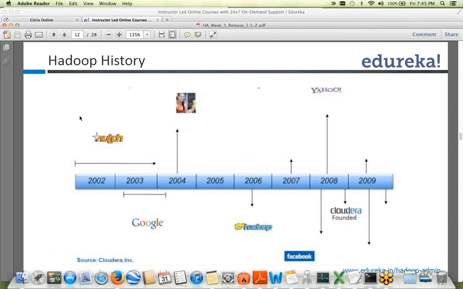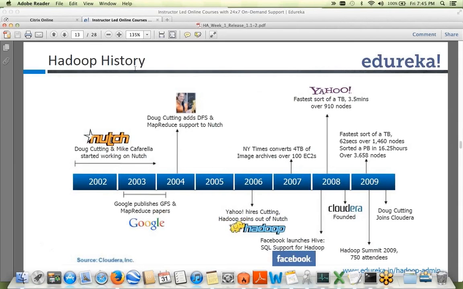Okay, so let's see a bit of history about Hadoop. It started as a project by Doug Cutting and Mike Cafarella in 2002, and in 2003 the big thing that happened was Google published the Google File System and MapReduce papers, which basically led to the foundation of Hadoop.